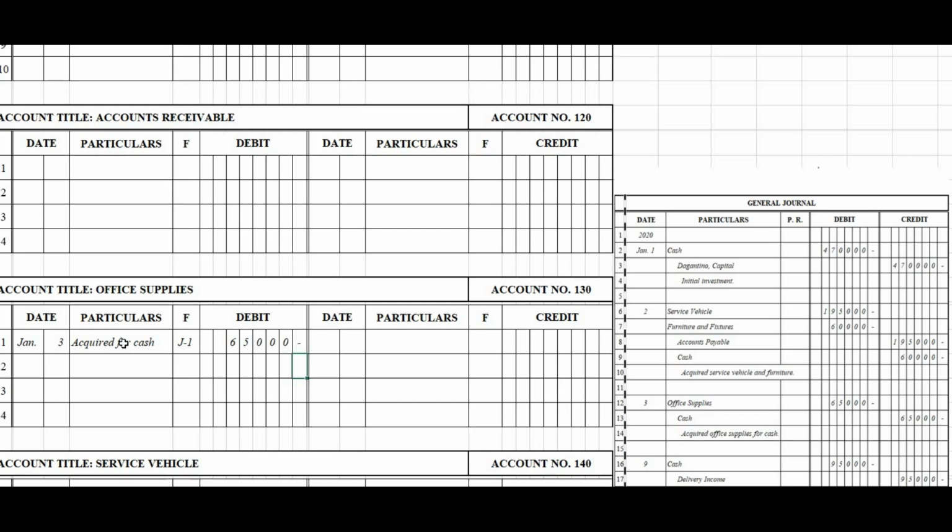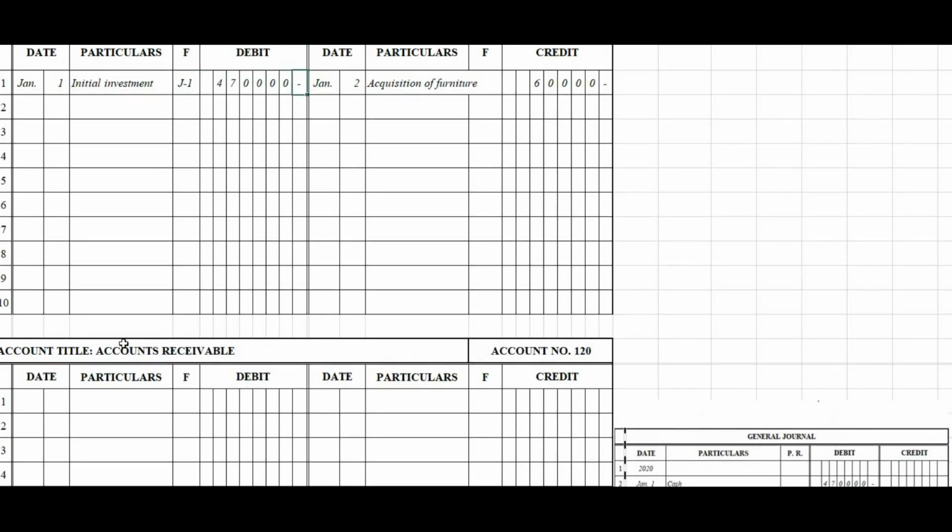And then your credit, you have cash. So let's put it in the credit side. So take note dito, meron namang month prior to this entry. So you just have to write na lang the date.